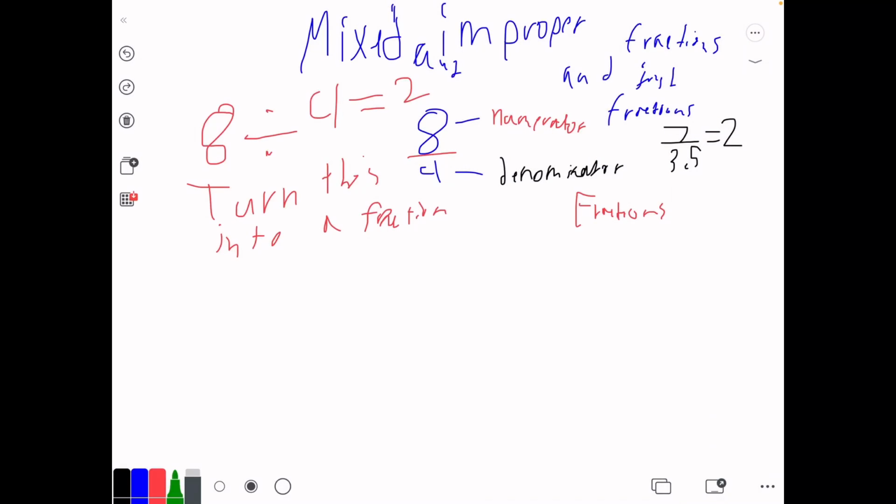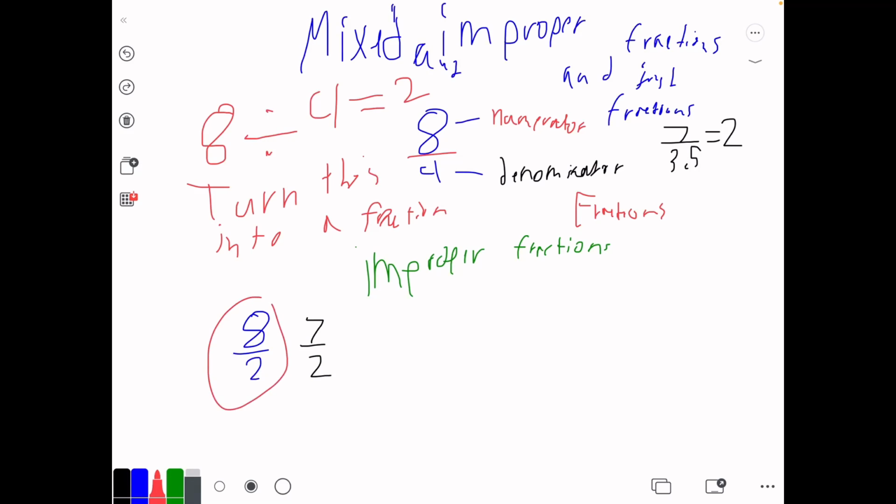So now let's go over to improper fractions. Now improper fractions are, so I'm going to give you 3 choices. So this right here would be a fraction. This right here, this is an improper fraction.